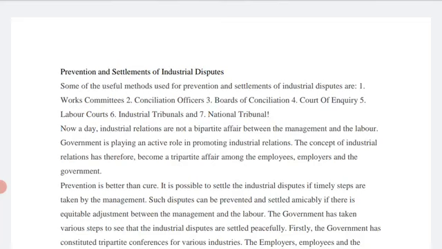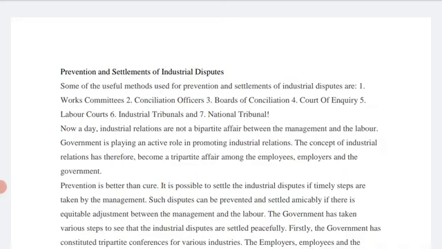Getting it? So how to control such types of industrial disputes, so that our organization will never stop.